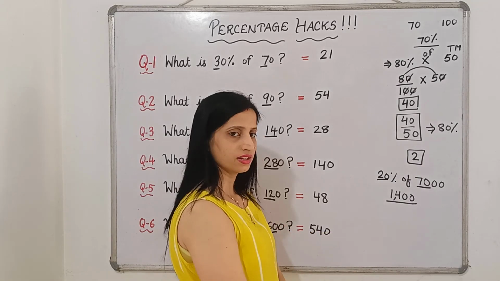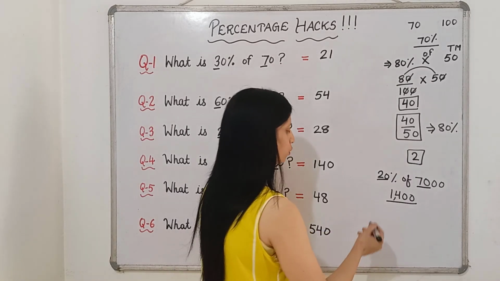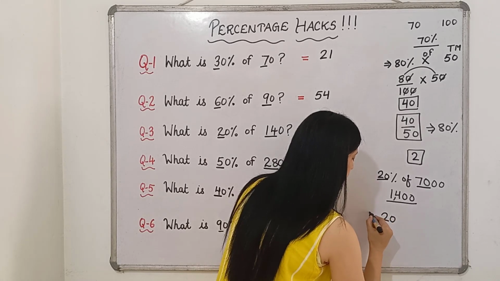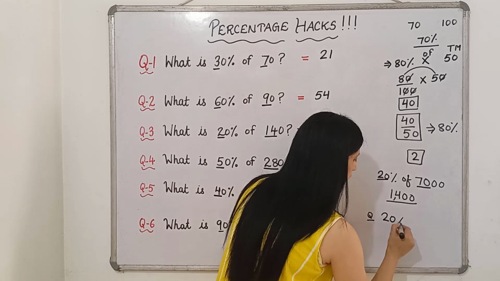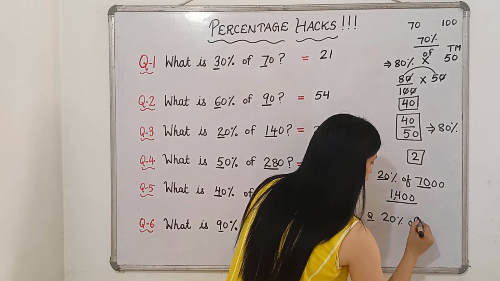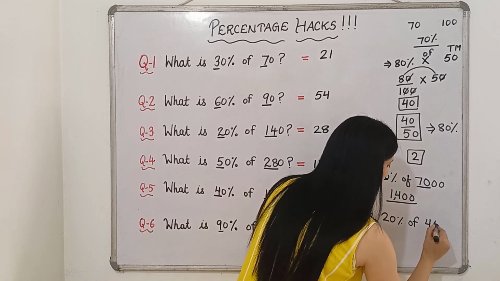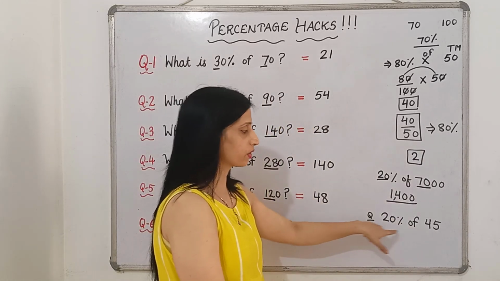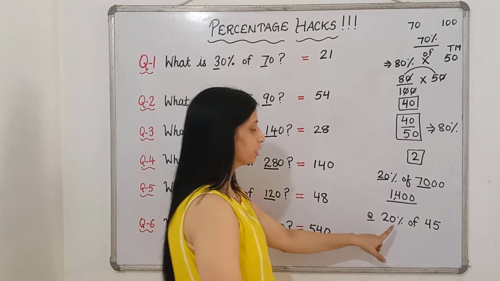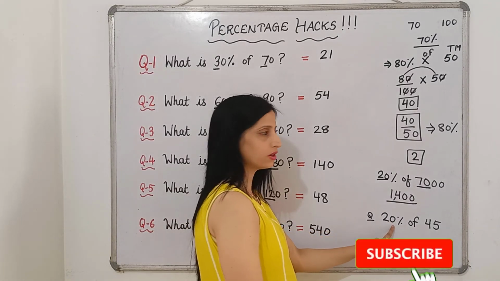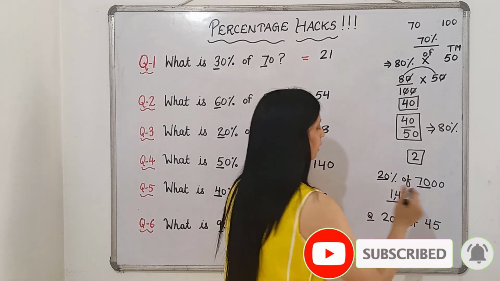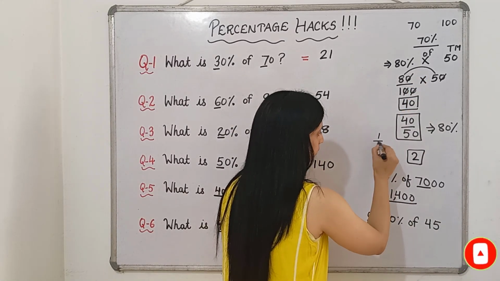Now, let's do one more question in which there is only one zero. So, let's calculate 20% of 45. How will you do this question? This also can be done easily. There is only one zero. So, let's remove one zero from the 100. After removing 1 zero, we will be left with 1 upon 10.